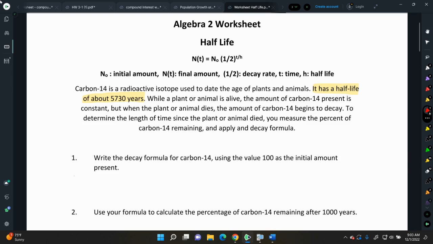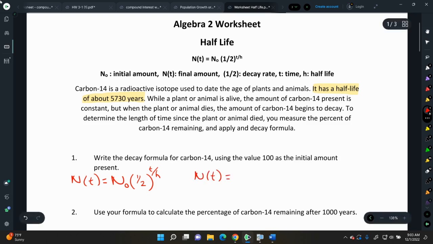So here's my formula. Using the initial amount of 100, we're looking at 100 times 1/2 to the power of t over h.